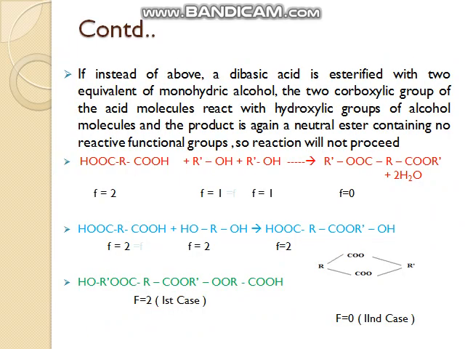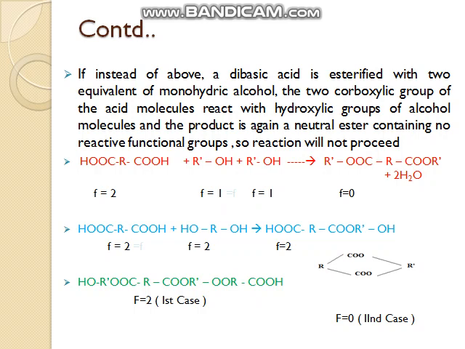If instead we take a dibasic acid that is esterified with two equivalents of monohydric alcohol, the two carboxylic groups of the acid molecule react with the hydroxyl group of the alcohol molecule, and the product is again a neutral ester containing no reactive functional group. So the reaction will not proceed. This is shown by the following examples.